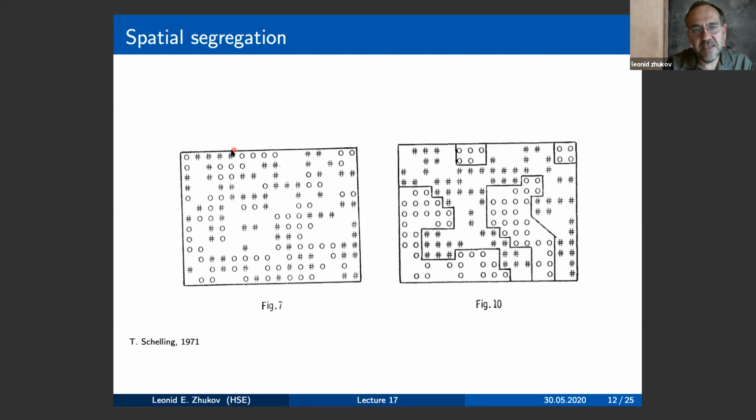When you start with some sort of distribution, after several iterations you literally go agent by agent and see if the agent is happy or not. If he is not happy, he can move to some place which is available, and then it just keeps going on and on.